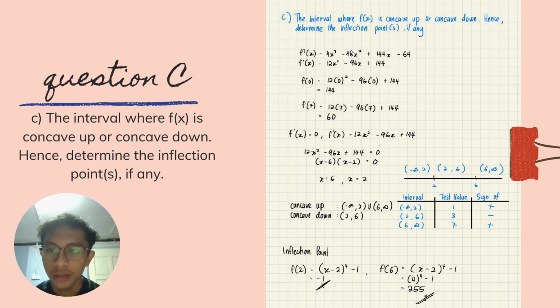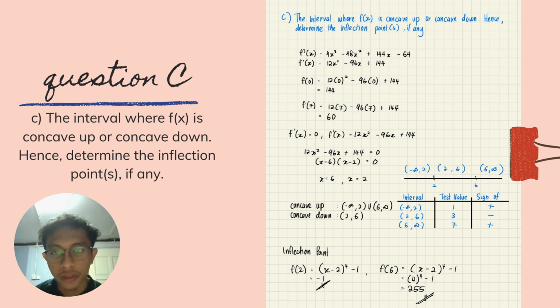So for question C, the interval where f(x) is concave up or concave down, hence determine the inflection point if any. First we need to use the equation from question B, which is 4x cubed minus 48x squared plus 144x minus 64. We need to differentiate the equation, which will give us 12x squared minus 96x plus 144.